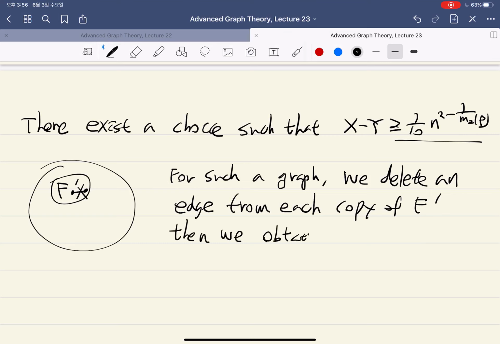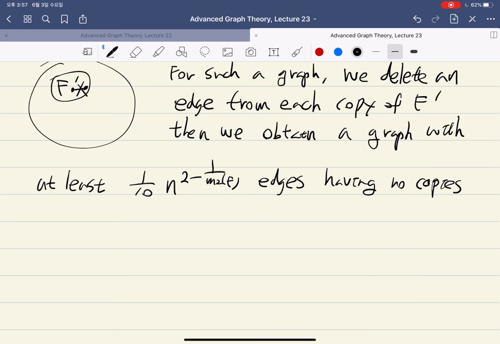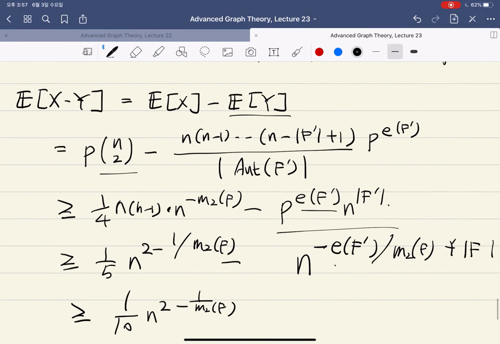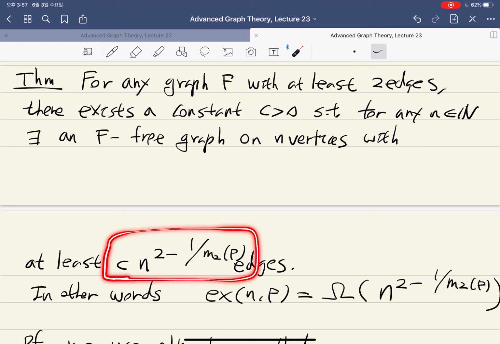Then we obtain a graph with at least this constant times n to the 2 minus 1 over m2 of F edges, having no copies of F prime, hence no copies of F. So this shows that there exists a graph with at least this many edges, having no copies of F inside of it. So that shows a lower bound on the extremal number of F.